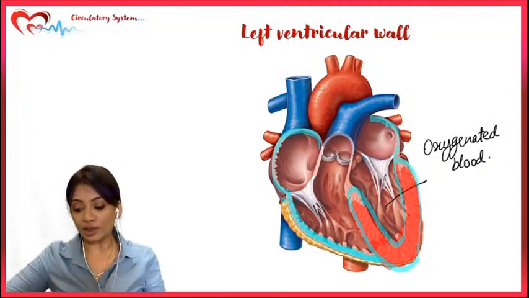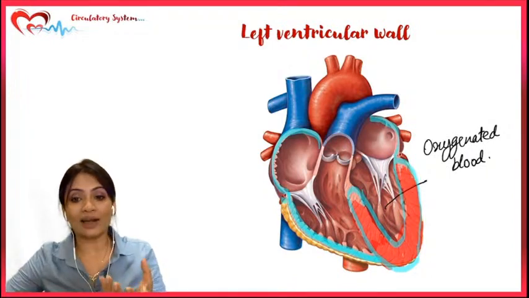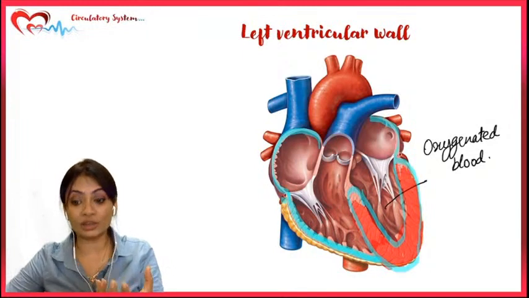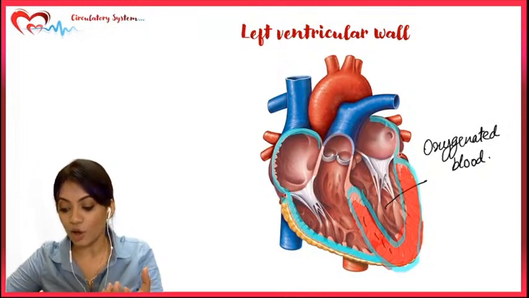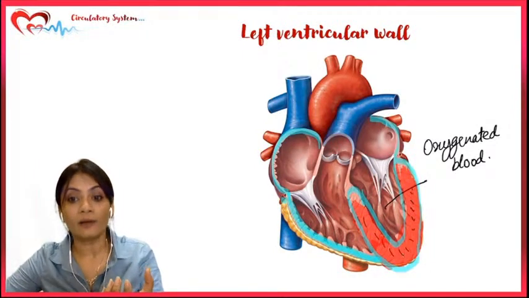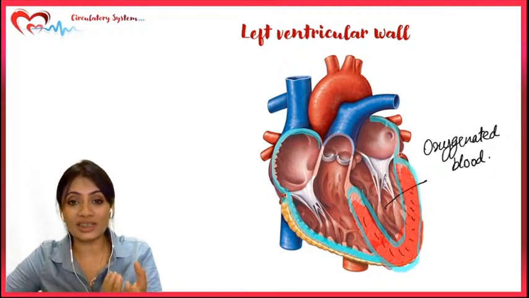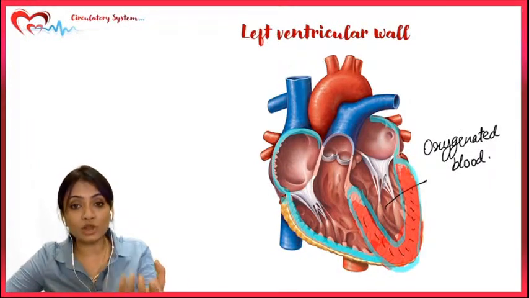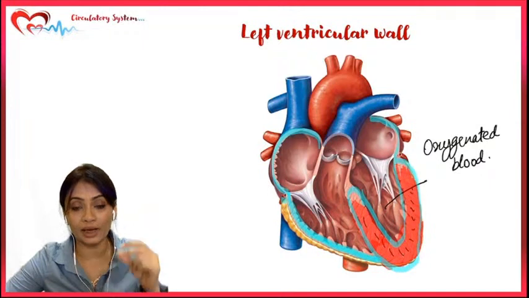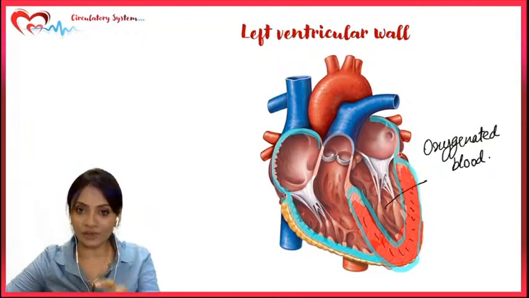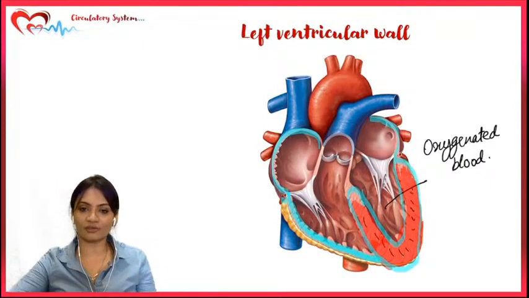All right. So here we've got oxygenated blood, and when the muscles contract, I'm talking about these muscles here, they will contract with such force that they will be able to push that oxygenated blood out of the heart so that it can reach all the different parts of the body.